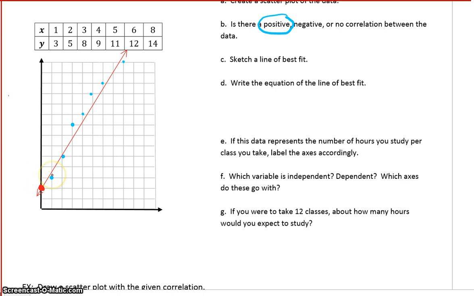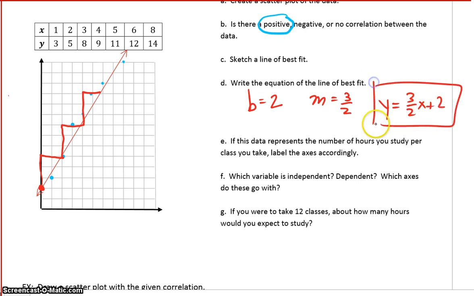If you look, my y-intercept here, and I'm going to put this on D because it says write the equation of the line, I'm going to say that the y-intercept is 2, and I've got a nice slope here of 3 over 2. Okay, so the equation of that line, y equals mx plus b, is just y equals 3/2 x plus 2. So this is the equation of the line that represents this data. It kind of splits it in the middle.